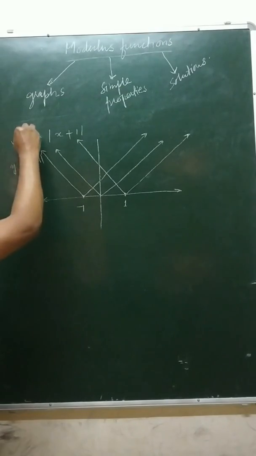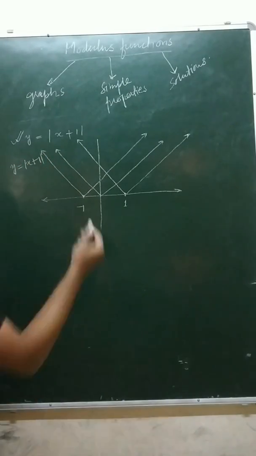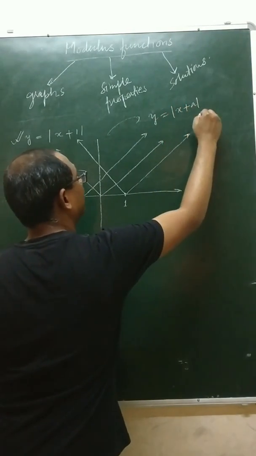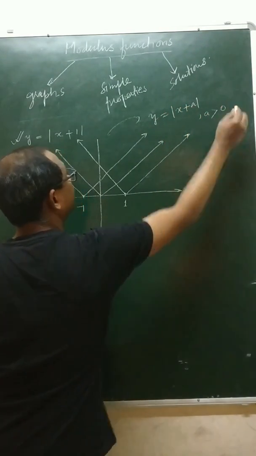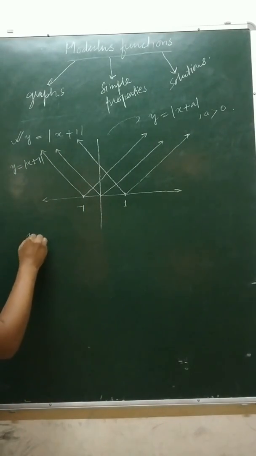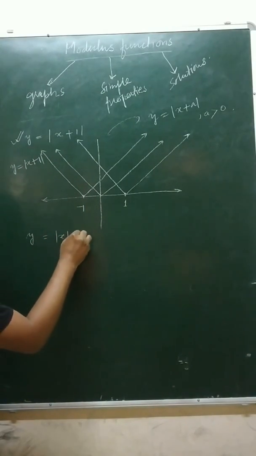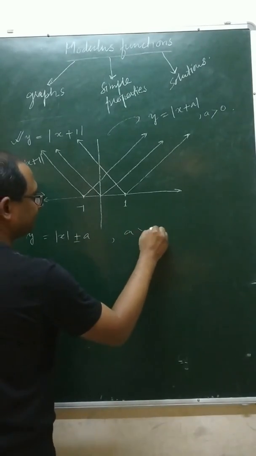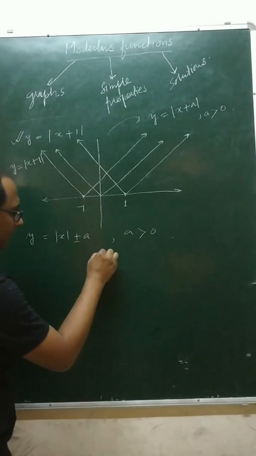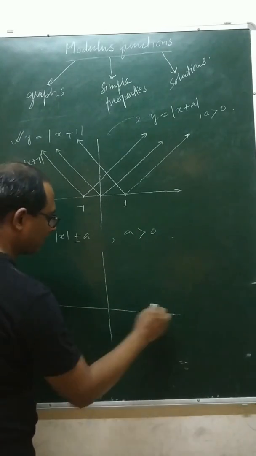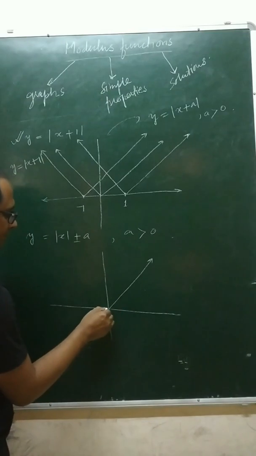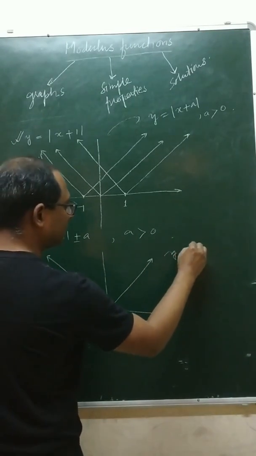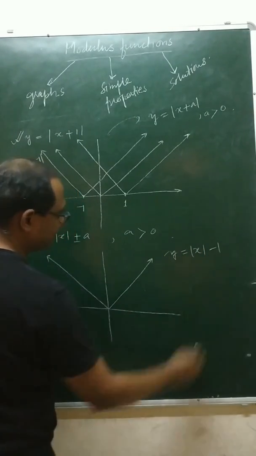The first type of graph we need is of this kind. In general it is y equal to modulus of x plus a, for a greater than 0. And the next kind we need is y equal to modulus of x plus or minus a, being a positive number. In this kind of transformation, the original graph is modulus of x. Suppose I am drawing y equal to modulus of x minus 1.